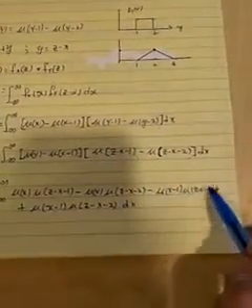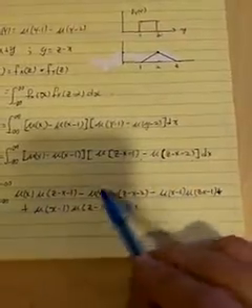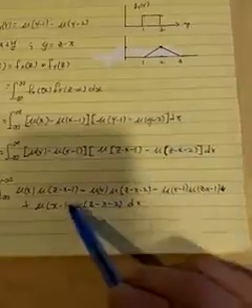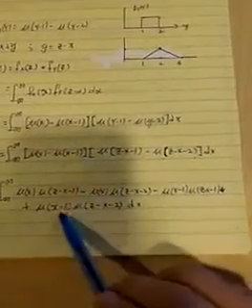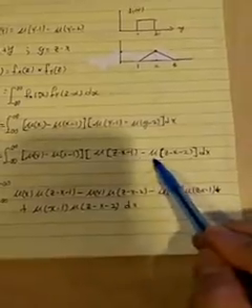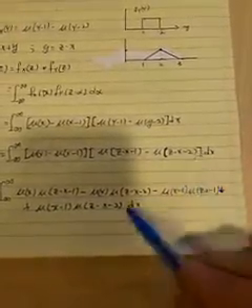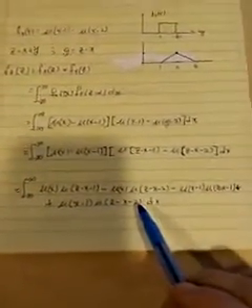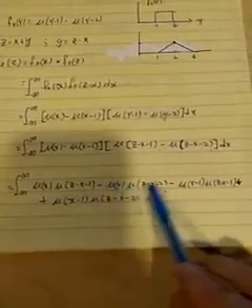That's negative, negative, so it becomes positive: u of x minus 1 multiplied by u of z minus x minus 2. That's the whole thing.